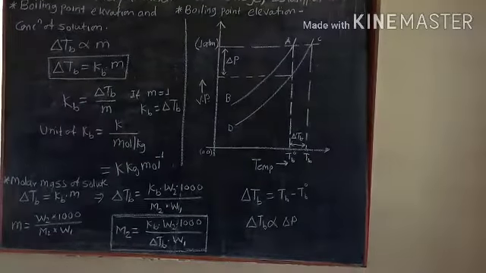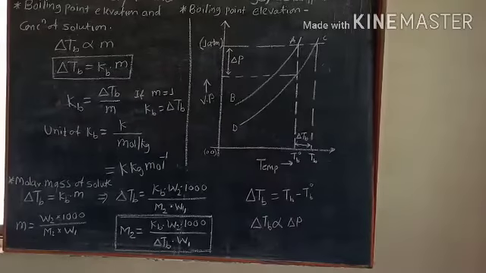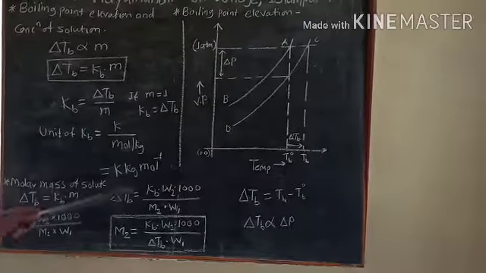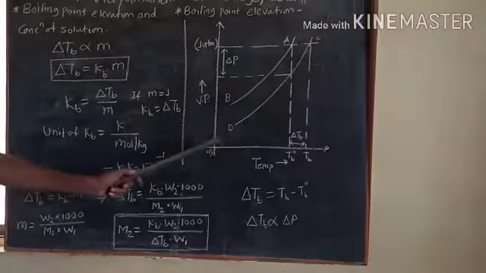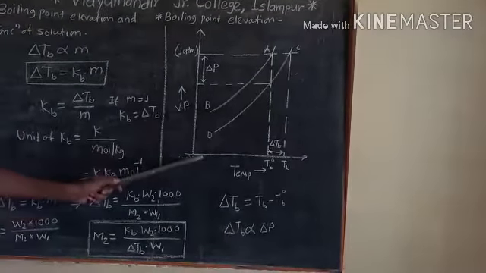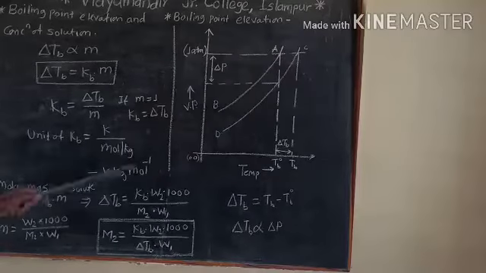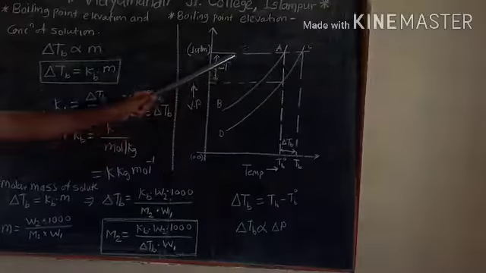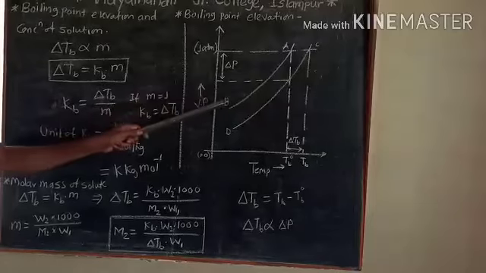Then, graphical representation of elevation of boiling point. We can plot the graph of vapor pressure versus temperature. आपण vapor pressure and temperature graph काढला तर याच्यामध्ये there must be two curves. One is AB and second is CD.